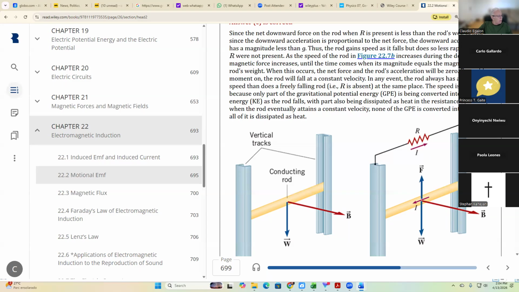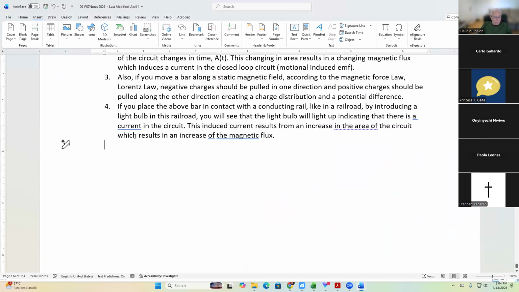And in order to do a mathematical example, we have to, okay, that's the qualitative idea of electromagnetic induction.